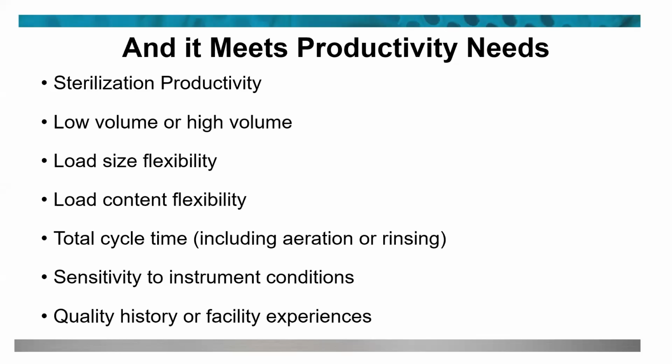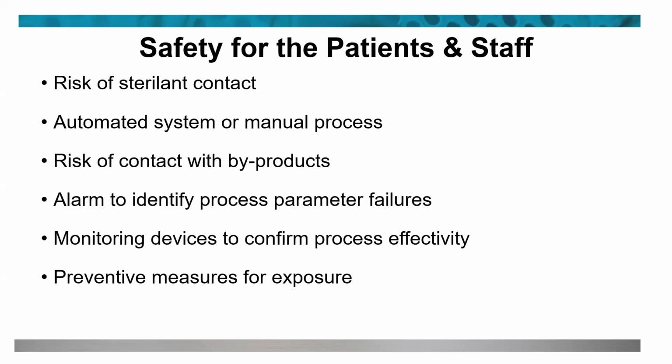And so you want to make sure that the weight of this is going to be compatible with the devices. And then check out your cycle times too. If you can run it on non-lumen, it's going to be faster than if you run it on lumen or flexible. So these are some things that you want to look at. So you're going to have to figure out what the balance is going to be between sterilization needs and your sterilization productivity to get the good fit for this.